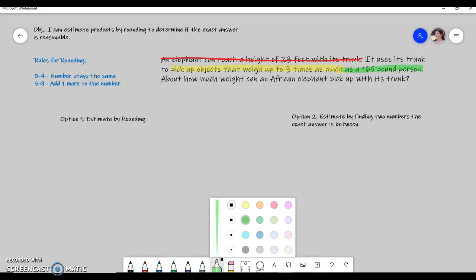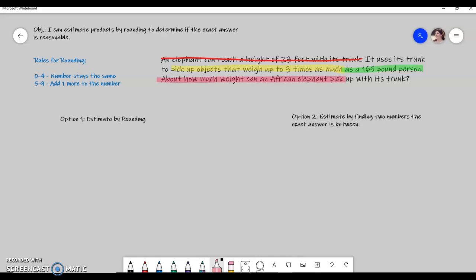Our question is, about how much weight can an African elephant pick up with its trunk? The keyword, the clue word we want to focus on, is about. That means, actually it's not going to be rounding, we are estimating. So for our answer, we don't have to give the exact answer. We're just trying to estimate it.